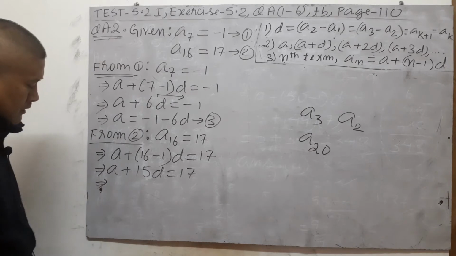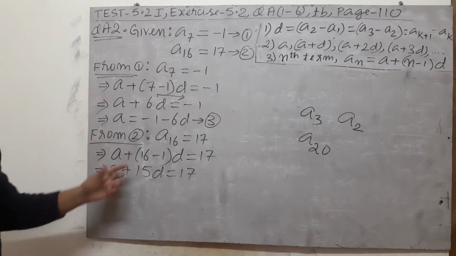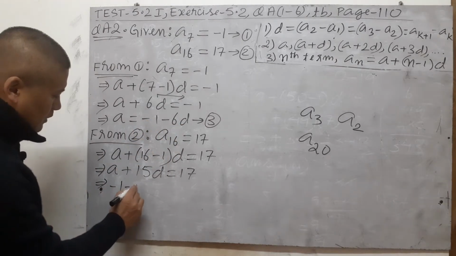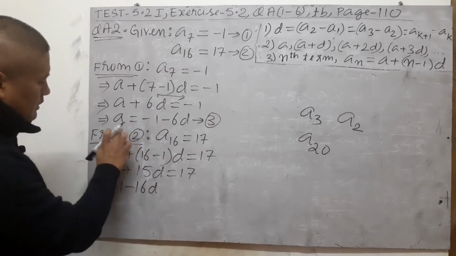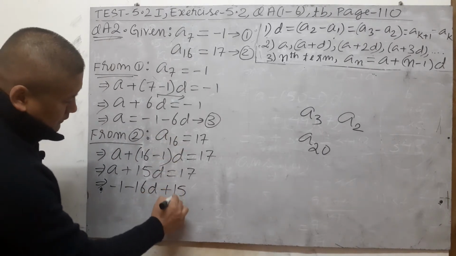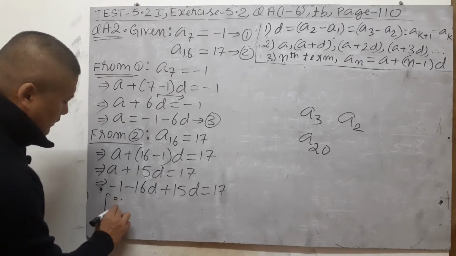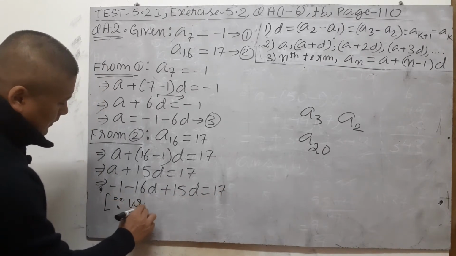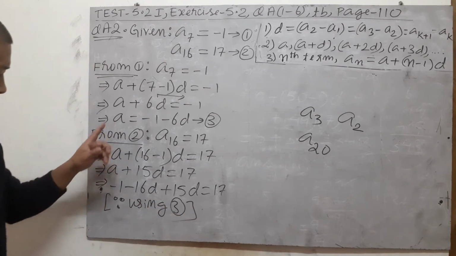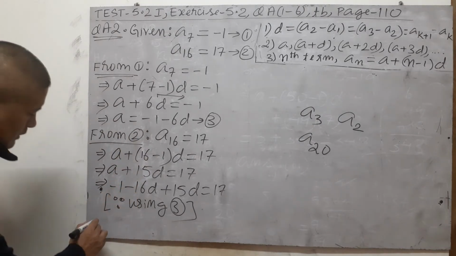So you can see here a, which is the same as this, so we can replace this a by the value of a here, which is -1 minus 6d, replaces this a, plus 15d is equal to 17. And we can write here, using equation number 3 value for a, for replacing the a with -1 minus 6d.